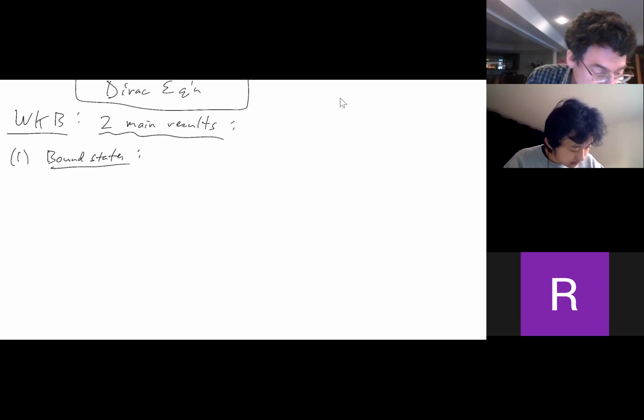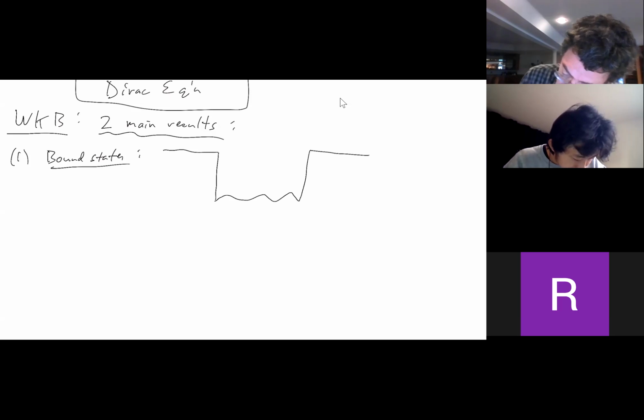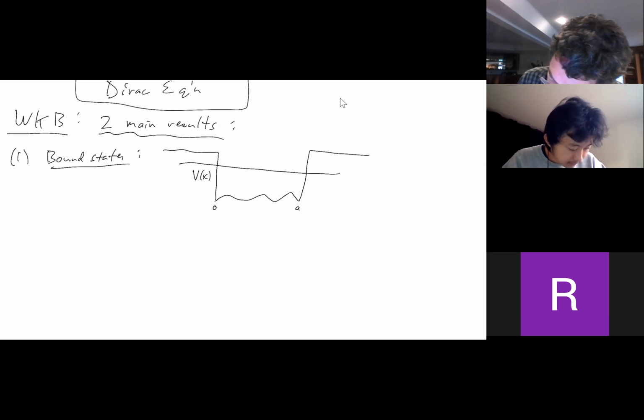For bound states, we have a situation where we have some bumpy potential, our potential V of x. Let's say 0, and x equals a. And let's suppose that our energy is here.